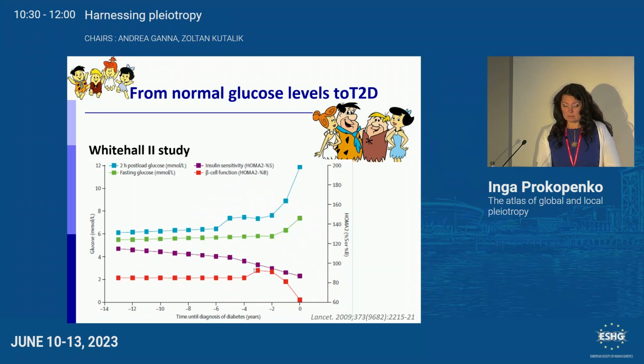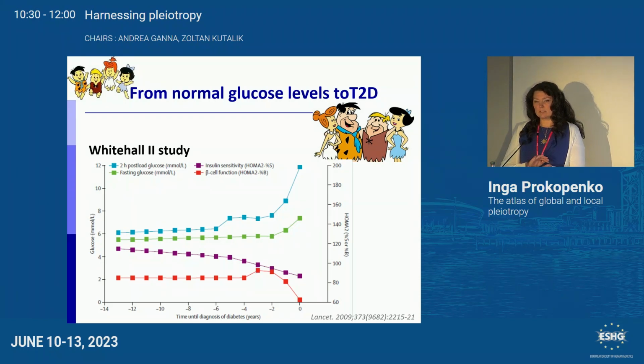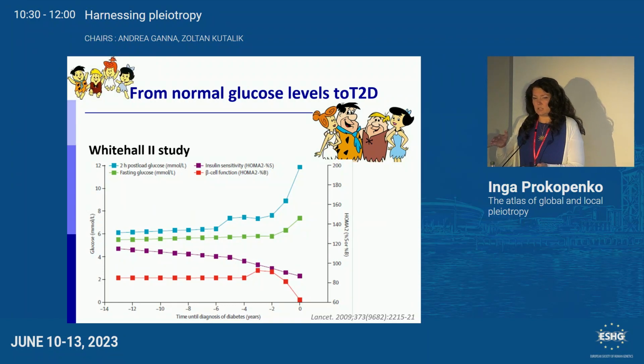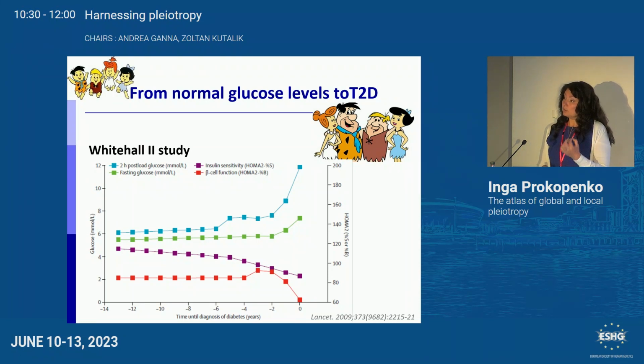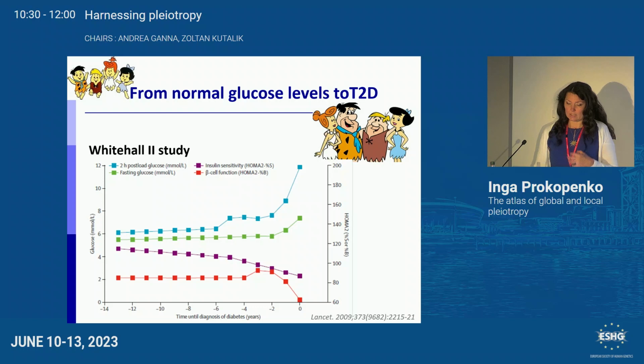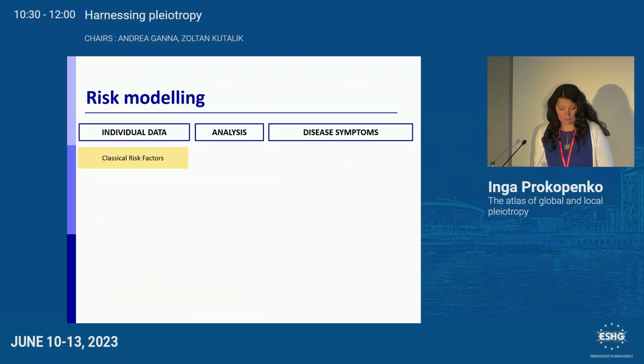There are some other measures of beta cell function, which, as I said to you, in the pancreas, the beta cells start to compensate for issues with insulin resistance, and then they fail, right? So longitudinally, what we are able to detect is changing differently for different phenotypes and different points of time, right?